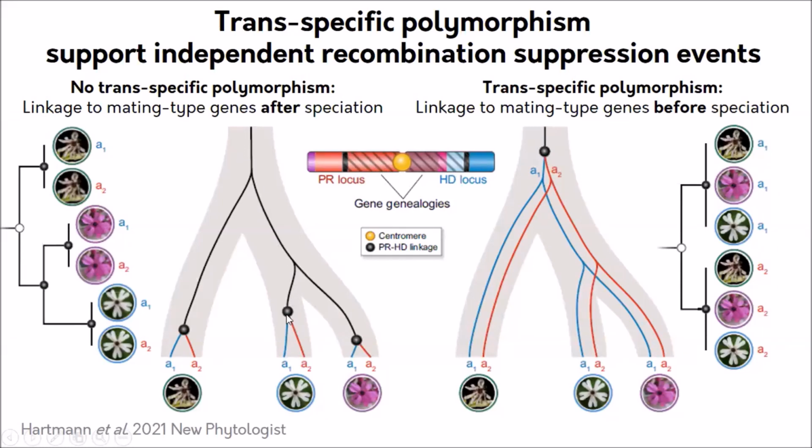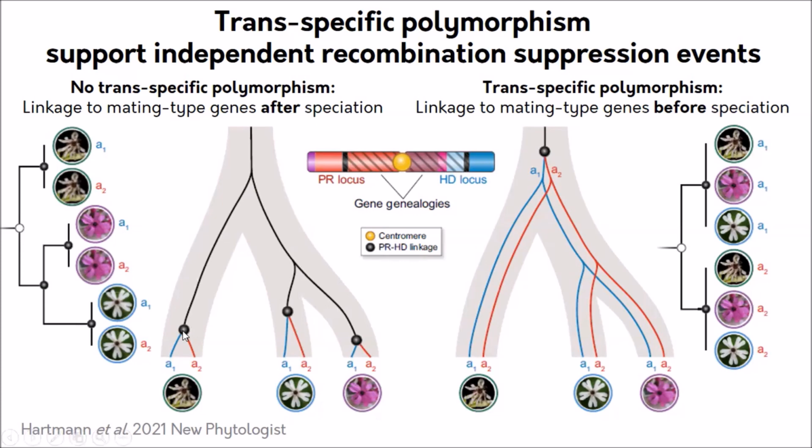As soon as you have suppressed recombination here, you have accumulation of different mutations in the A1 and A2 mating types, and so the alleles become differentiated. Like I showed previously on the X and Y chromosomes, the differentiation between the alleles gives you a proxy for the time since recombination suppression.